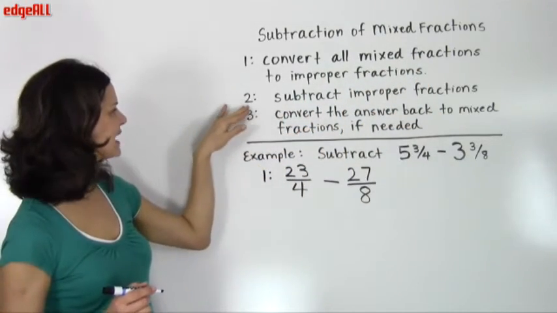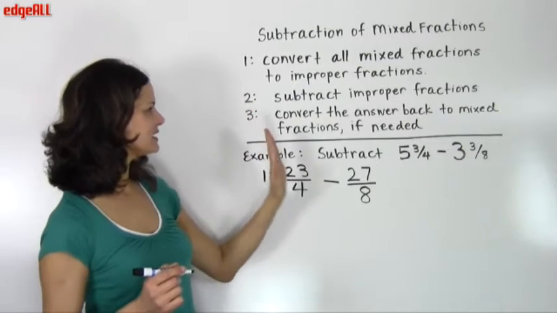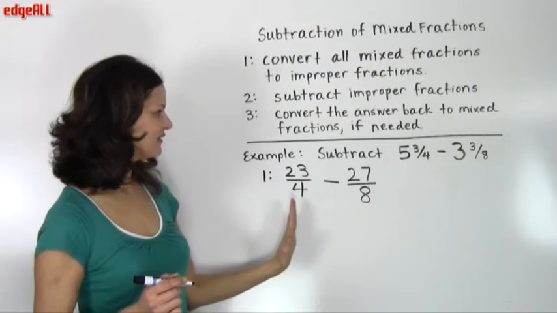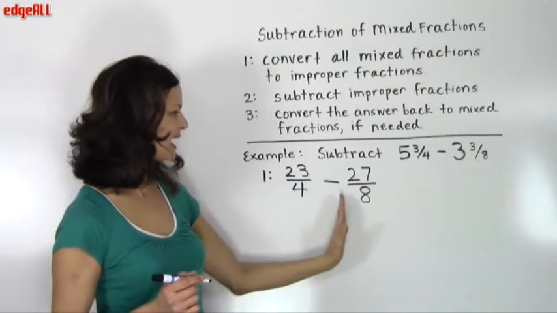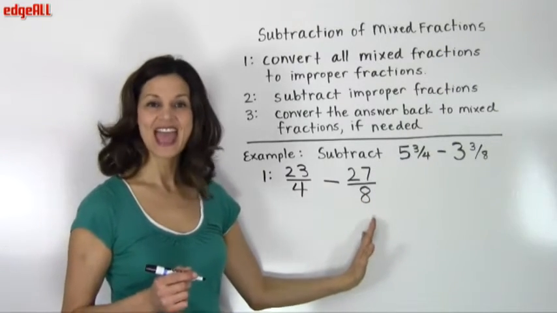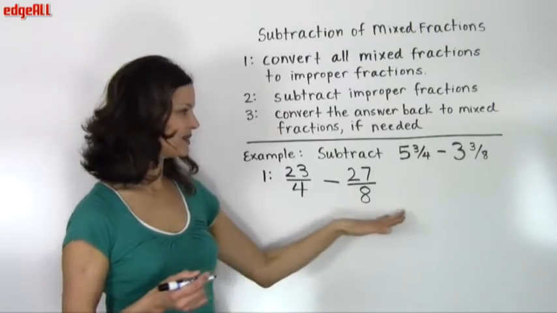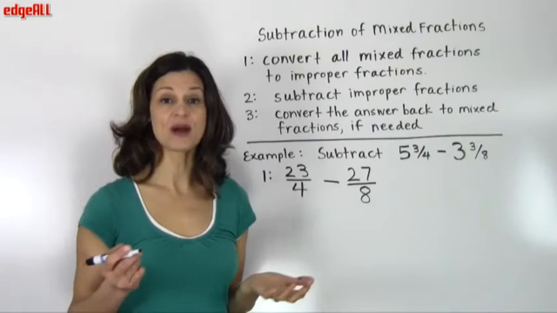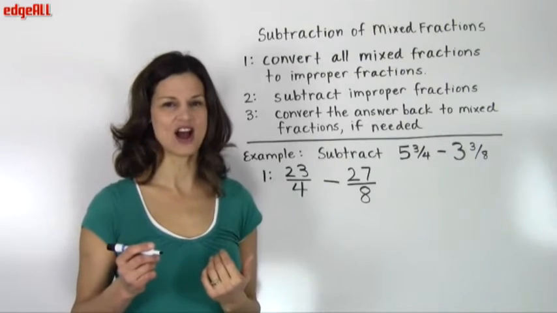And now we go to step 2, which simply tells us to subtract these improper fractions. So I now have 23/4 minus 27/8. And now this problem is just like subtracting two improper fractions with unlike denominators.